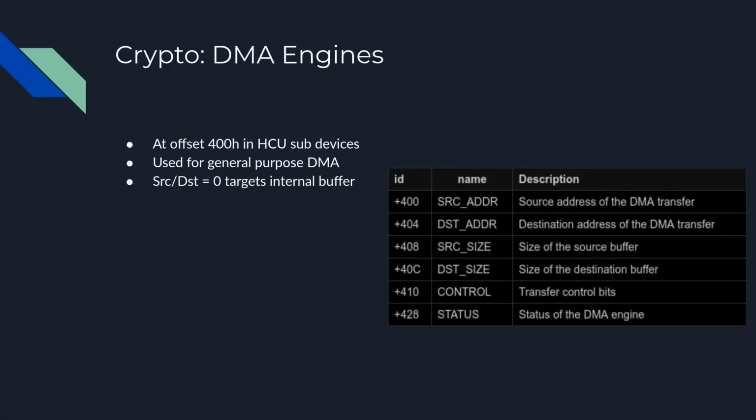So that is how it accelerates memory access for crypto. And these are the actual register offsets. They're the same for all of the DMA engines in there, relative to the base address of the subunit they're in.